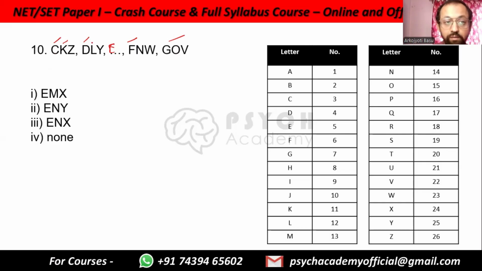Similarly, K, L, M, N, O. Just one after the other. And what is this one? Z, Y. So we have Z, Y, X, then W and V. Do we see W and V? Correct. So this is X, E, M, X.